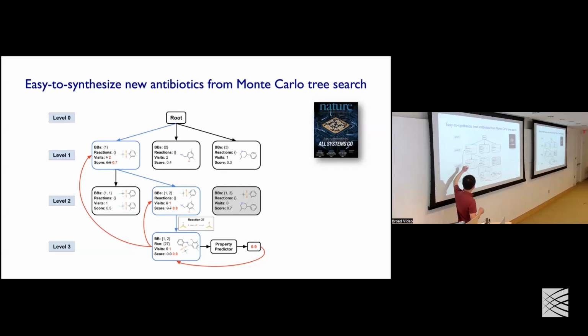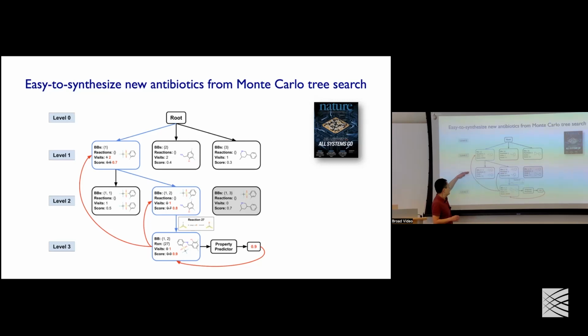So here's an illustration of how this works. In the initial levels of the tree, we're starting with the individual fragments. There could be hundreds of thousands of initial fragments. As I move down the tree, we're going to get more and more complex molecules. The first level will be the individual fragments. At the next level, I can look at different combinations of fragments, different pairs of fragments, and then I can apply different reactions.